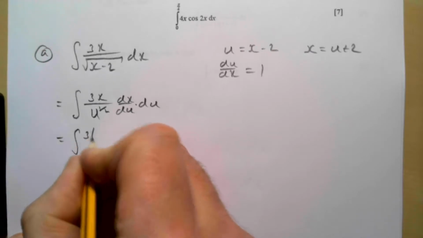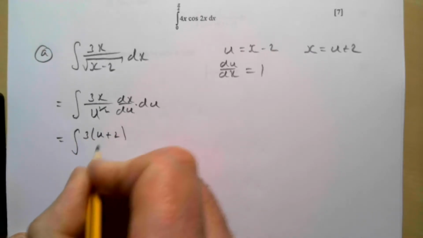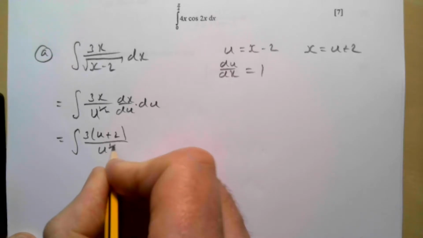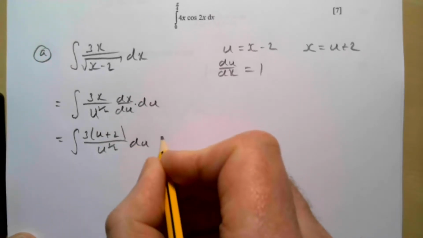So it's 3 upon u plus 2 all over u to the power of a half du.